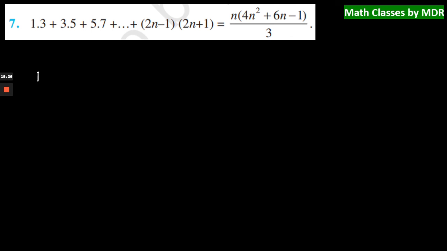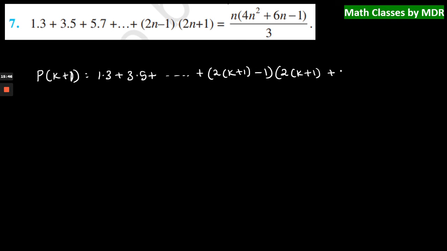Now let us take P of k plus 1. What is P of k plus 1? That is 1 into 3 plus 3 into 5 plus 5 into 7 until 2 into k plus 1 minus 1, just replace n by k plus 1, into 2k plus 1 plus 1.